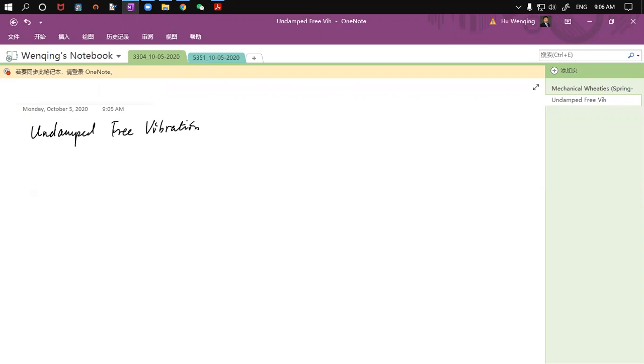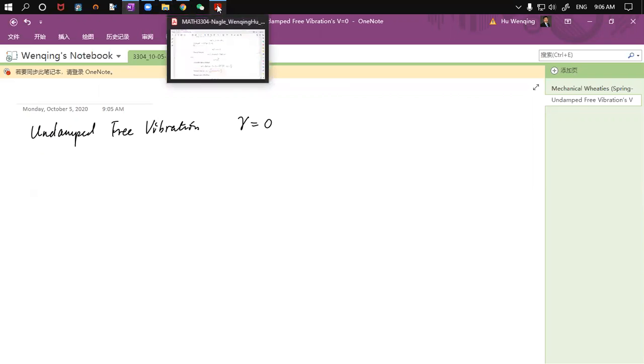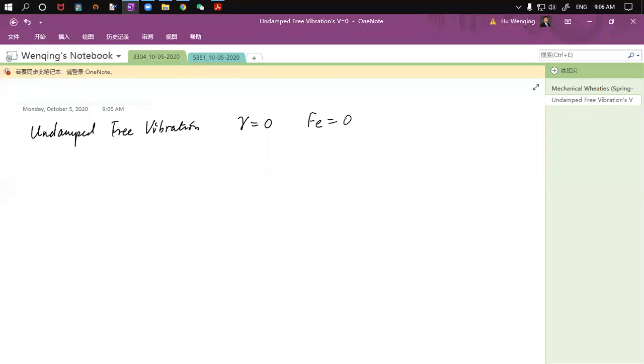If you talk about undamped free vibration, that means gamma is equal to 0. And if it is a free vibration, it means the external forcing is just equal to 0.